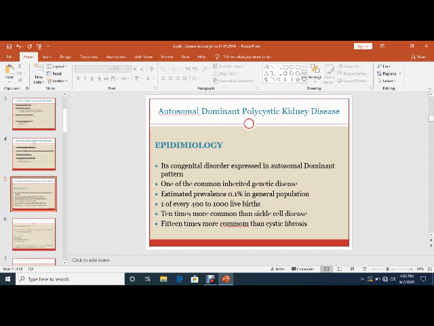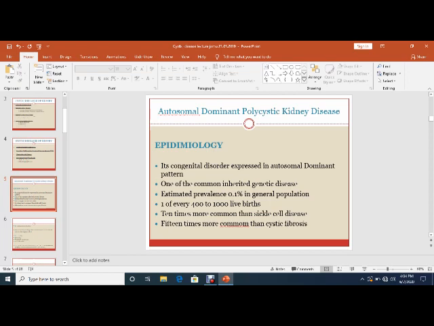It is one of the common inherited genetic diseases. If you see the prevalence of this polycystic kidney disease, that is autosomal dominant, 0.1% in the general population, and one of every 400 to 1000 live births.